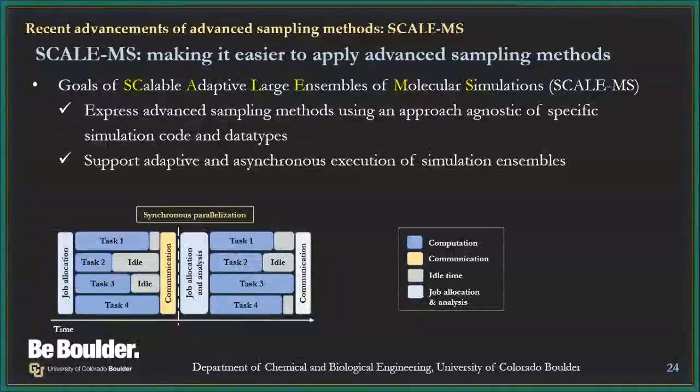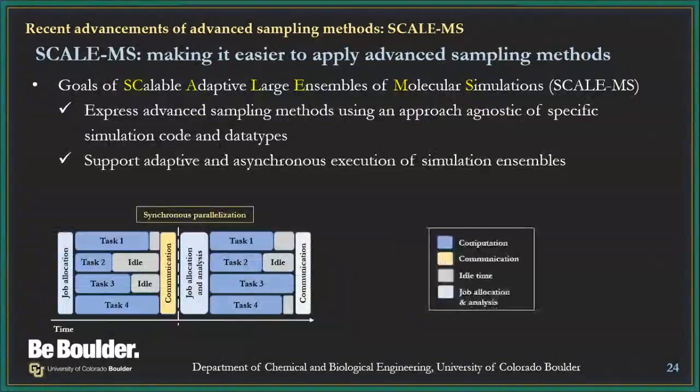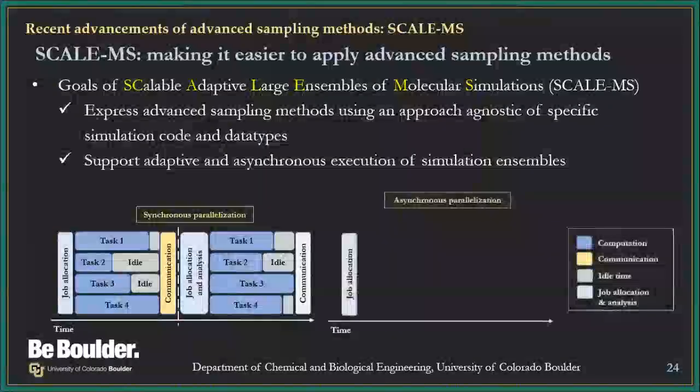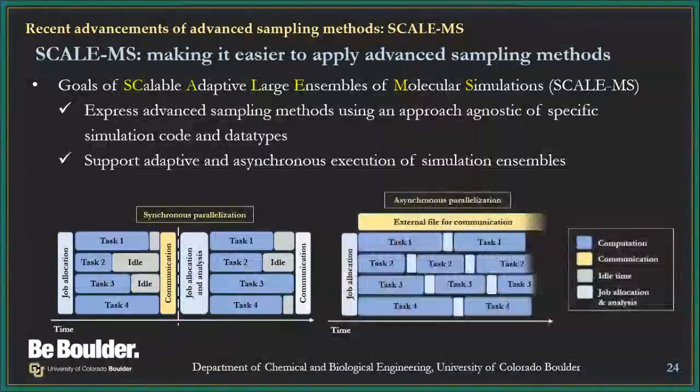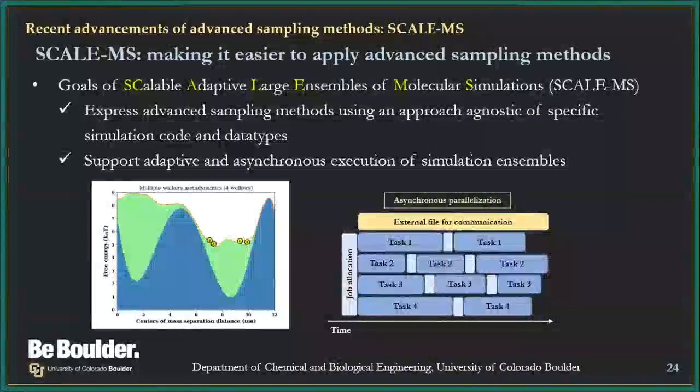A good example where the asynchronous parallelization scheme could be beneficial is multiple walkers metadynamics, in which we can have multiple walkers sampling the same free energy surface by running the simulations on multiple cores or nodes.